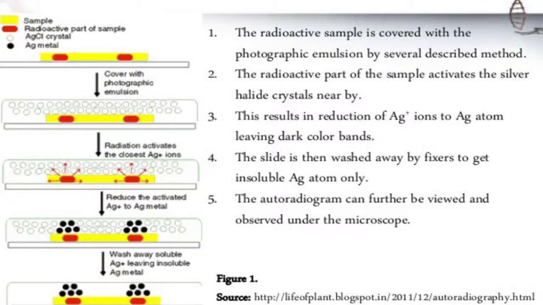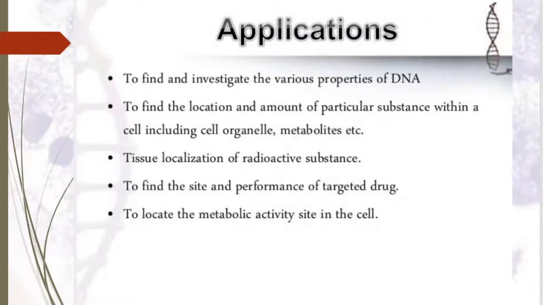So this is a combination of a radioactive method and photographic methods for identification of protein biosynthesis and gene activity. In application, we can identify the level of DNA, properties of DNA and RNA also.